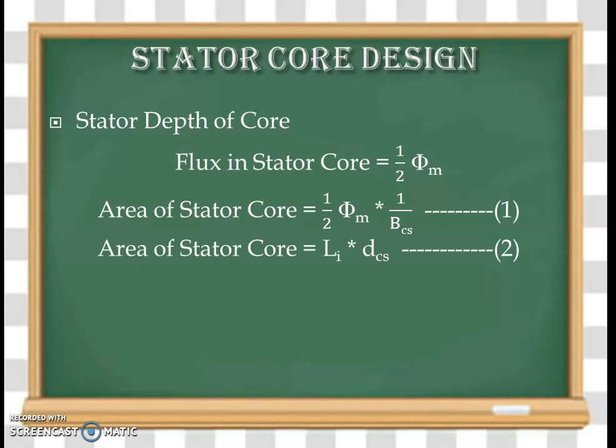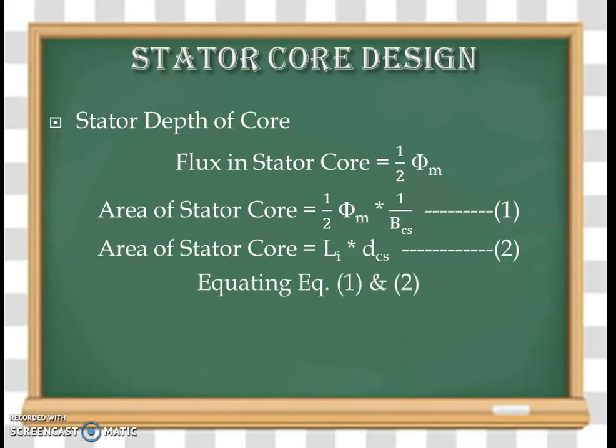Another way of calculating the area of the stator core is length multiplied by depth. So Li, that is the length, and the depth of the stator core. So this way also we are able to calculate the area of the stator core.